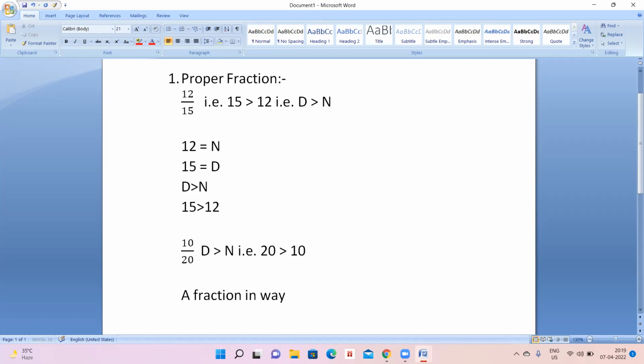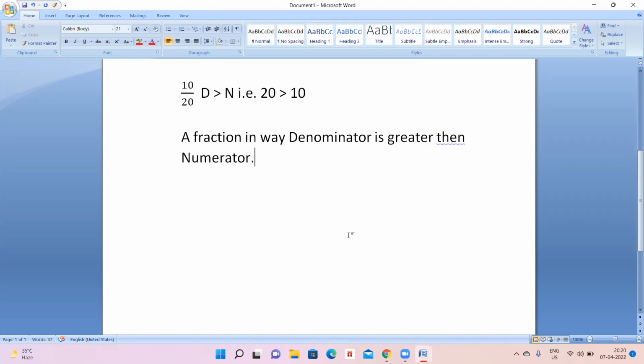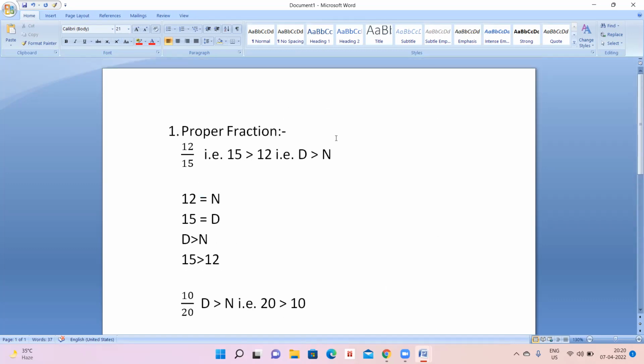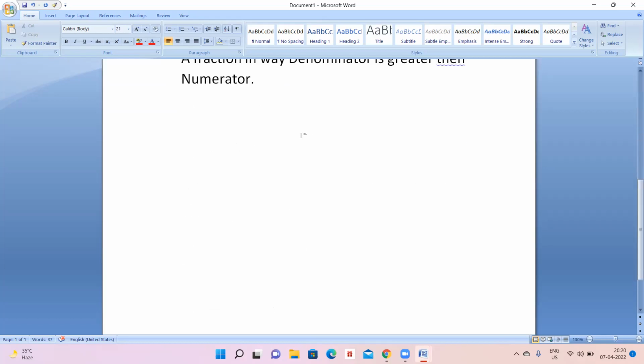I am writing it in a definite way: the denominator is greater than the numerator. My students, I hope you have understood this point: a fraction in which the denominator is greater than the numerator is called a proper fraction. I think this is the easiest way to understand.